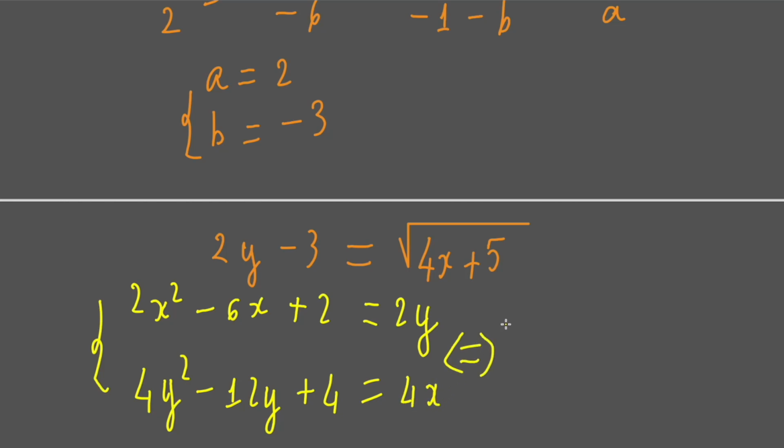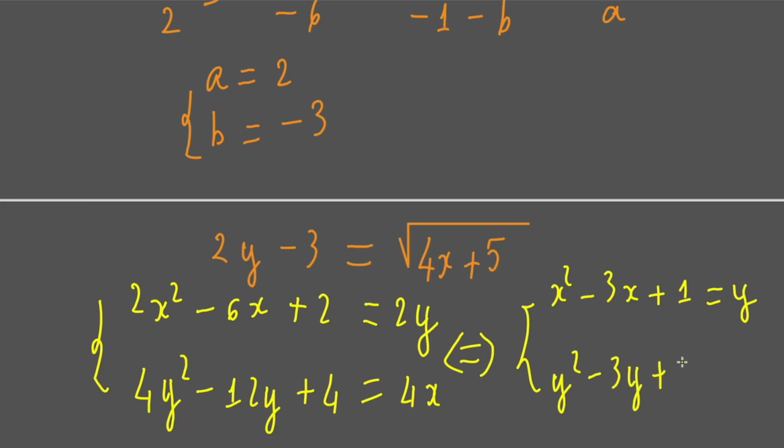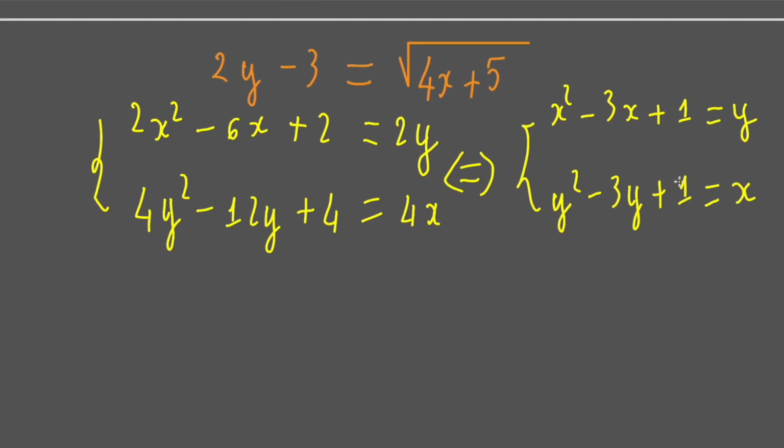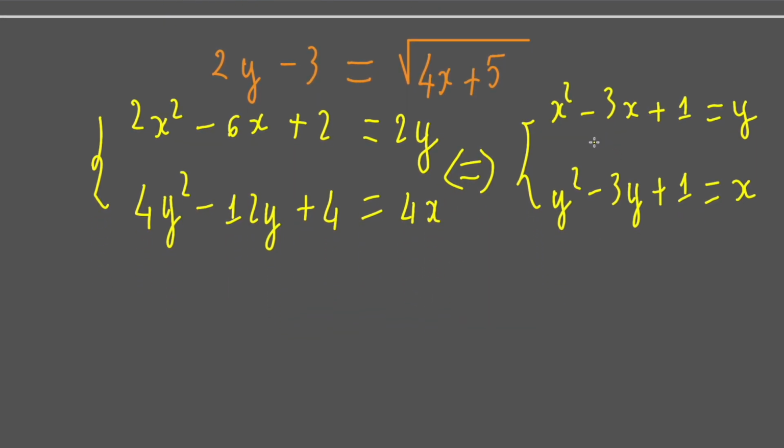Then we simplify it. We will have x squared minus 3x plus 1 equal to y. For the second equation, we have y squared minus 3y plus 1 equal to x. You see that this is a very common form of system of equations.